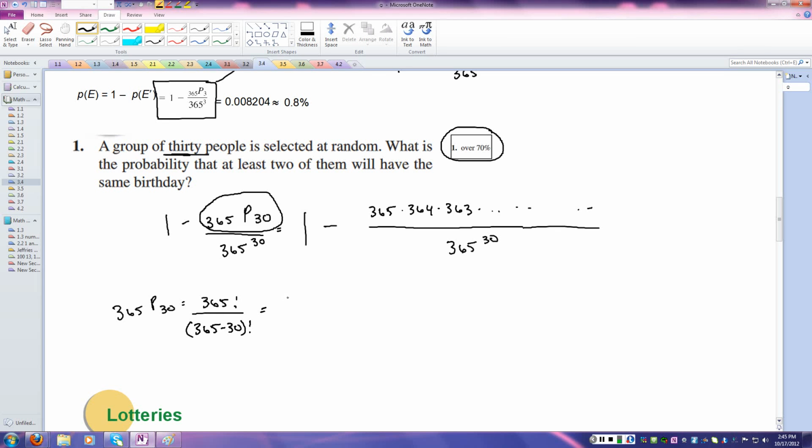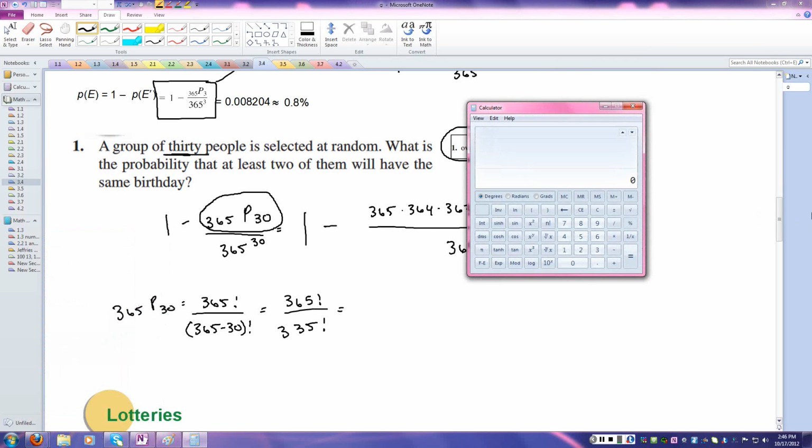So I'm going to plug into my calculator 365 factorial over 335 factorial, and I'm going to leave that in my calculator because then I'm going to take 1 minus it. Let me pull up my calculator. I'm going to take 365 factorial, which is a huge number, you know, there's 778 places to move the decimal. Leave it in your calculator as that, and it's all going to come out in the end.